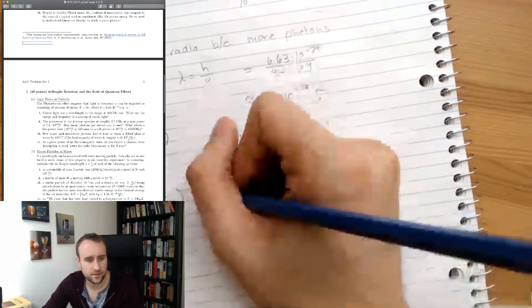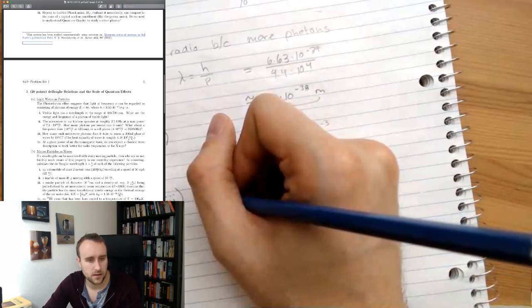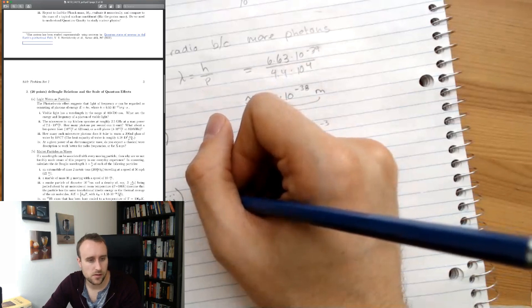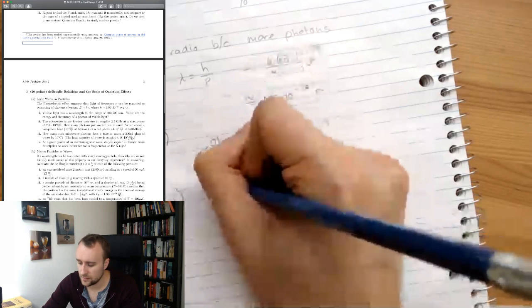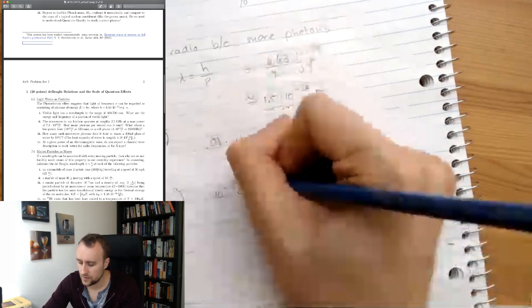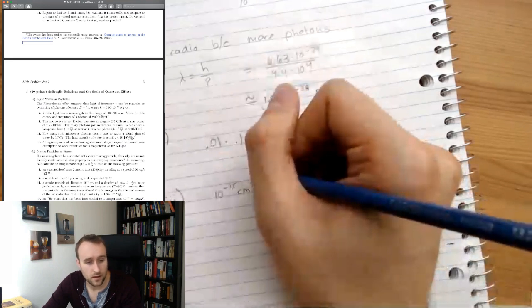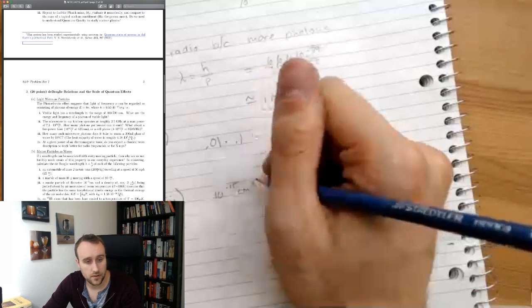So 10 to the negative 5 centimeters, 0.2 grams per centimeter cubed. So it's 10 to the negative 15th centimeters cubed times 0.2 grams.